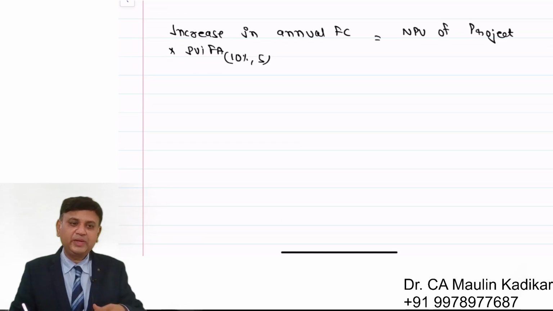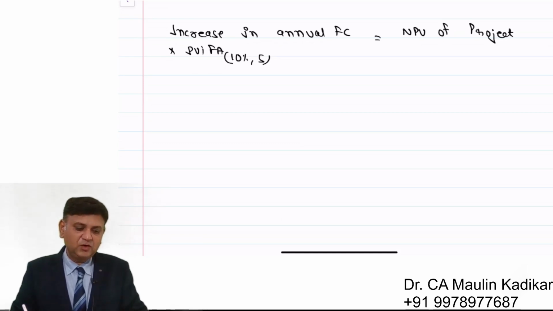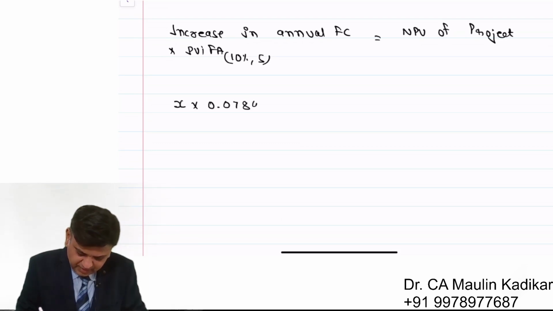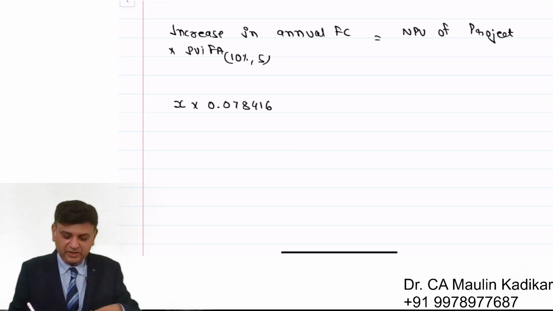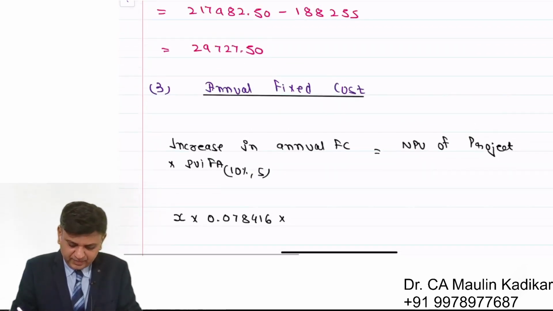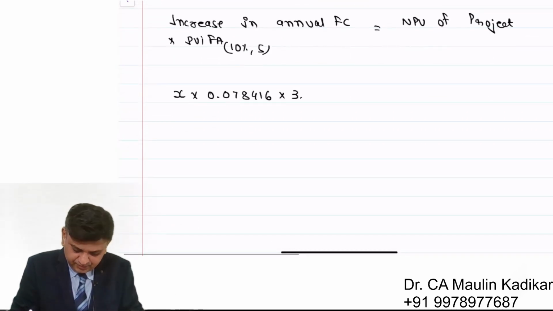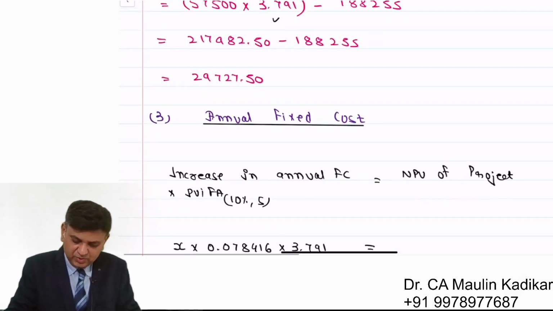Now question is providing the information that there is fixed cost sensitivity of 7.8416%. So X into 0.078416. So this is the amount of the increase into 10% 5 years factor 3.791, and so this will wipe off the NPV.